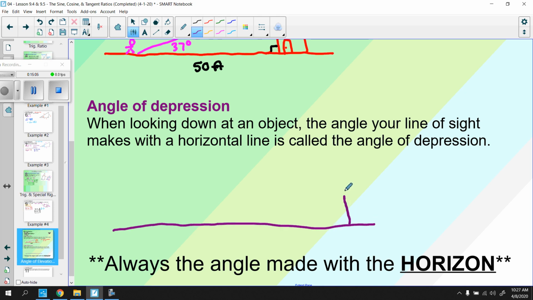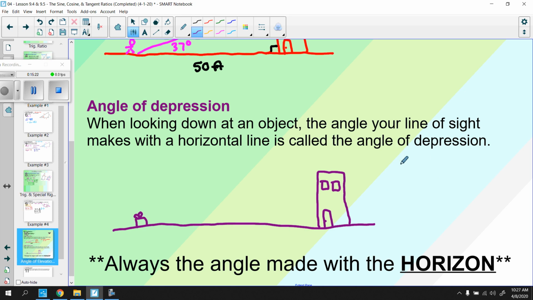Now, this time, we're standing on top of the building, looking down. So let's say I've got a little box on the ground right here. Here's a bowl.